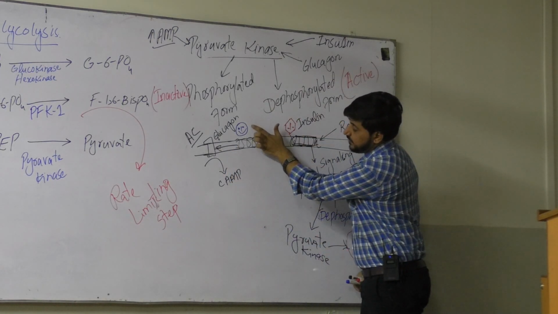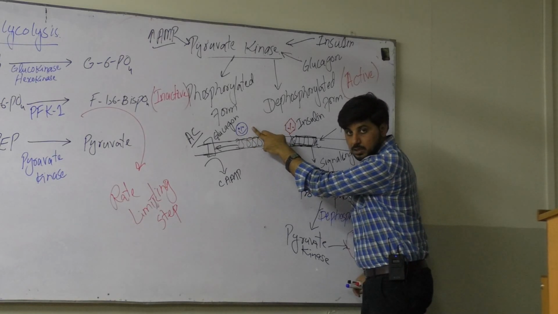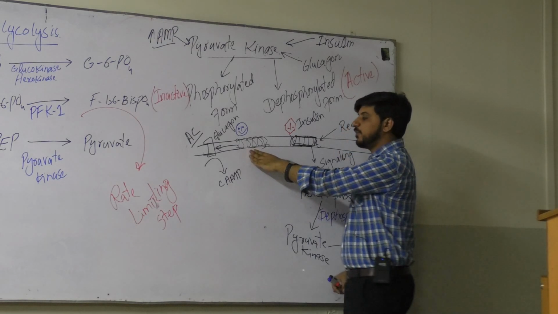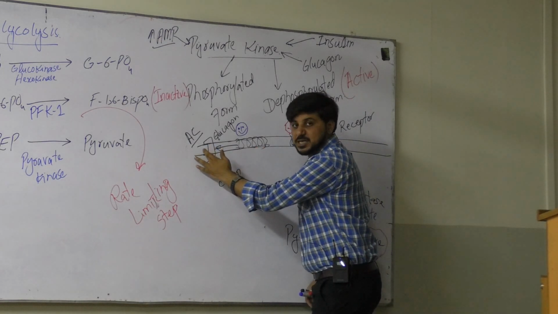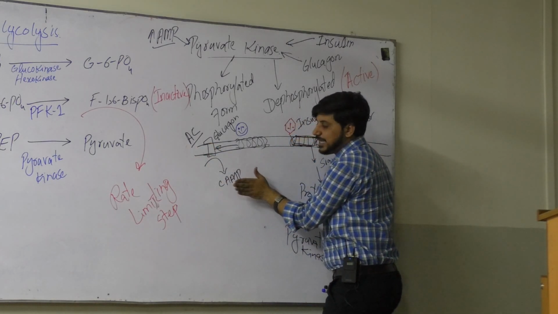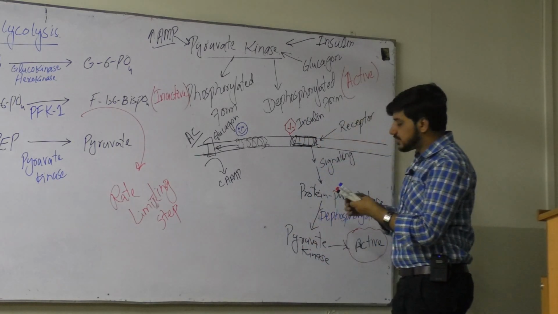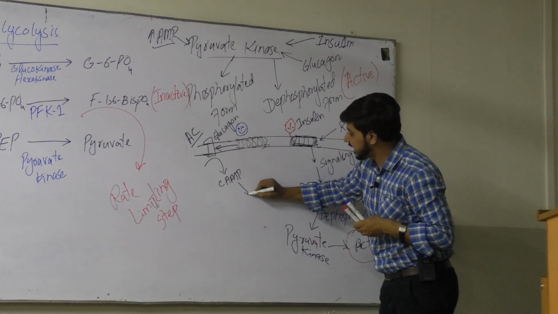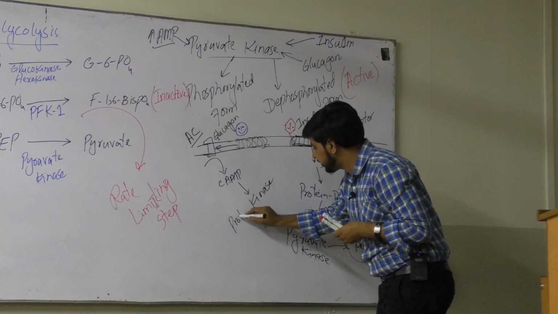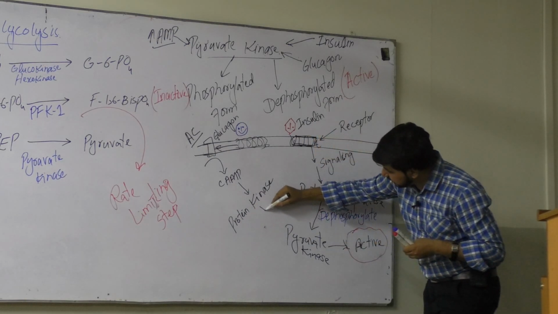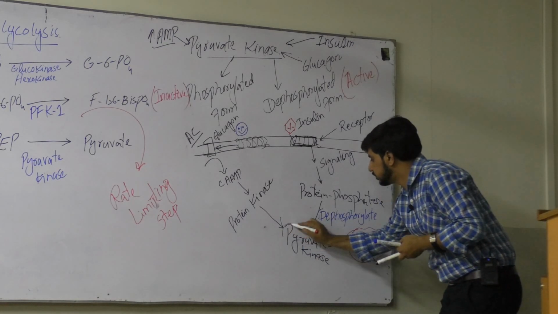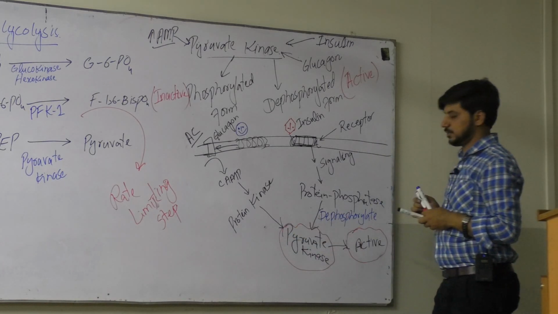What happens is that when there comes the glucagon, it becomes attached to the receptor. This receptor, with the help of G protein, will activate the adenylate cyclase, and this adenylate cyclase will start forming cyclic AMP. And this cyclic AMP, with the help of signal cascade and protein kinases, will attack the pyruvate kinase molecule. This is the pyruvate kinase.